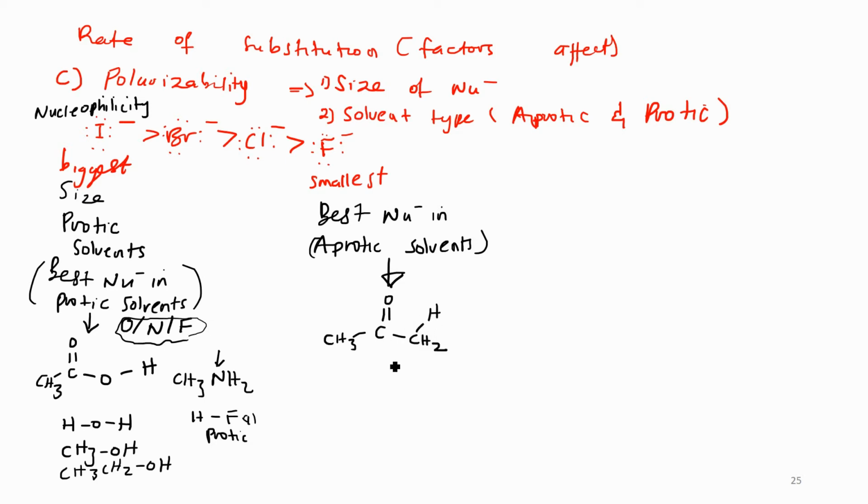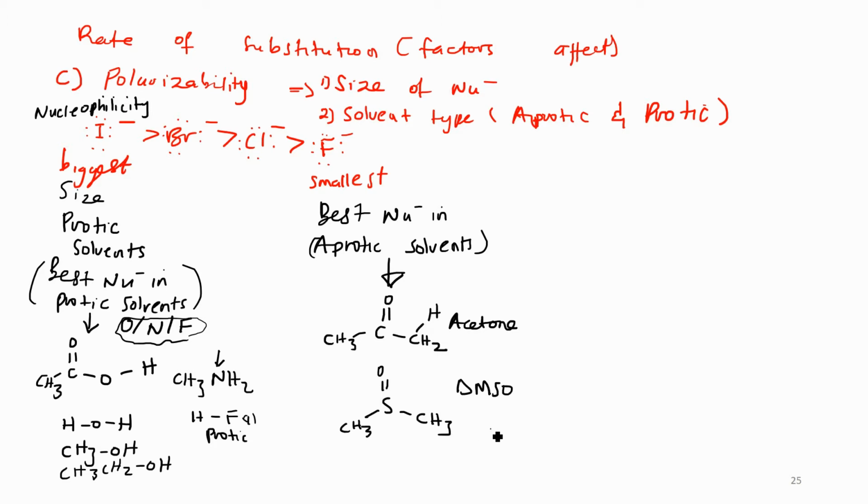So this is aprotic. Switch the carbon with the sulfur, you get what we call dimethyl sulfoxide. Very soon in future lectures, we'll talk about dimethyl sulfoxide, DMSO, as a solvent. This is acetone. You want these usually for SN2.